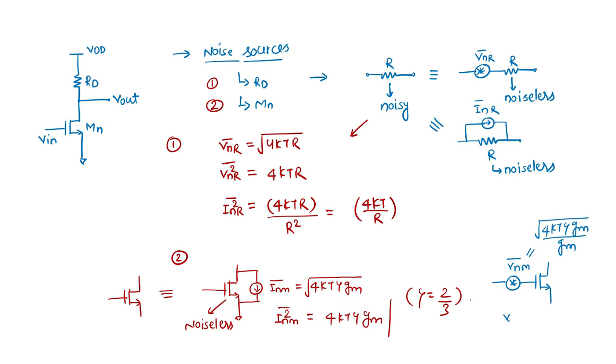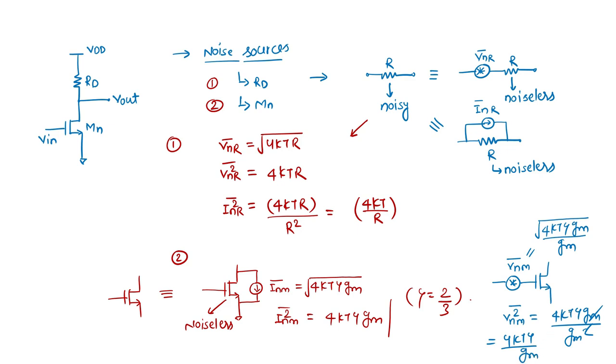So if we have to write this as a mean square value, then remove this square root and write the square. So this is cut down. So what you can see, 4kT gamma by gm is a mean square voltage.